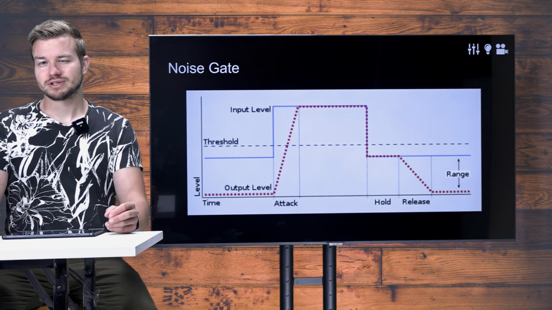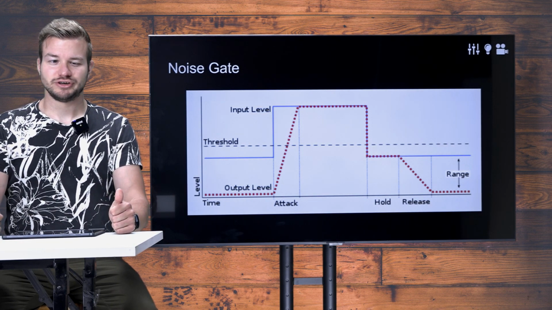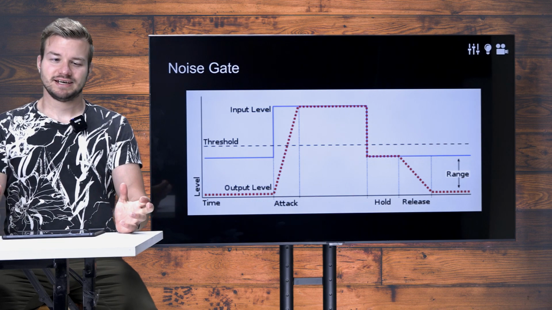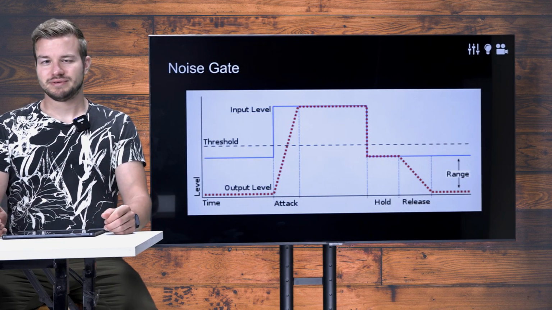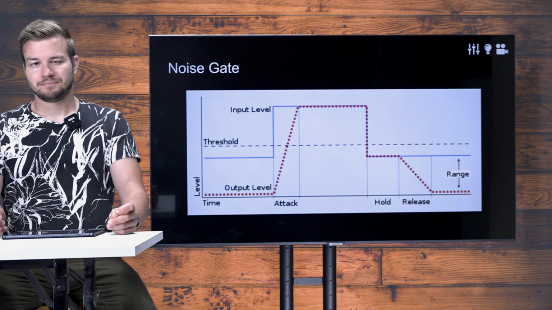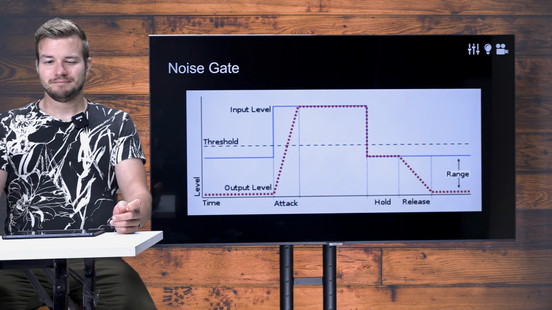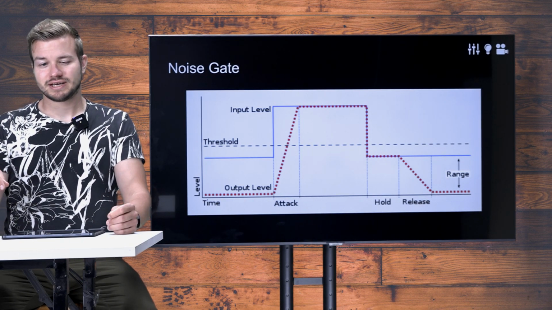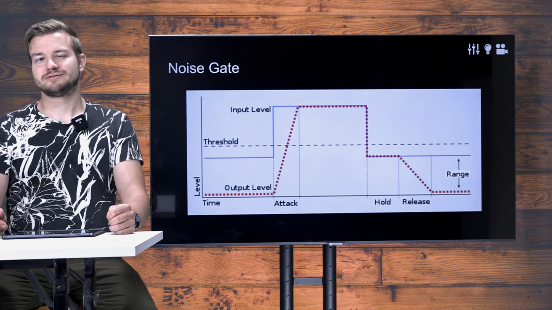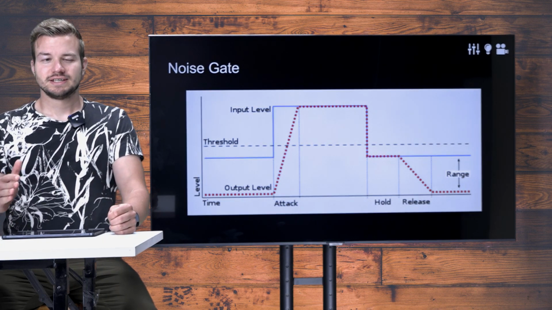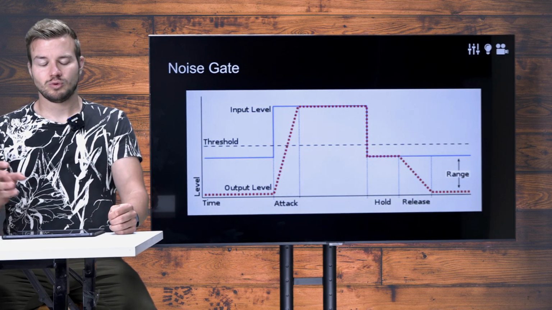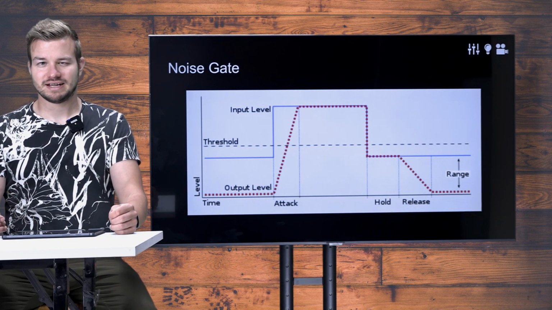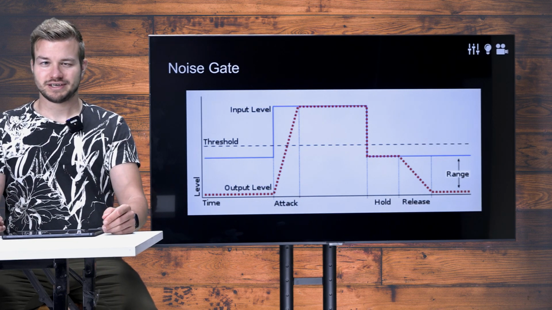Probably the most important application is to reduce audio bleed. Let's take a drum kit. You might have a snare drum and a kick drum, and the beats of the snare drum can also be heard on the mics of the kick drum. Of course, the snare drum will be much quieter on the kick drum mic than the kick drum itself, because the mic is close to the kick drum.